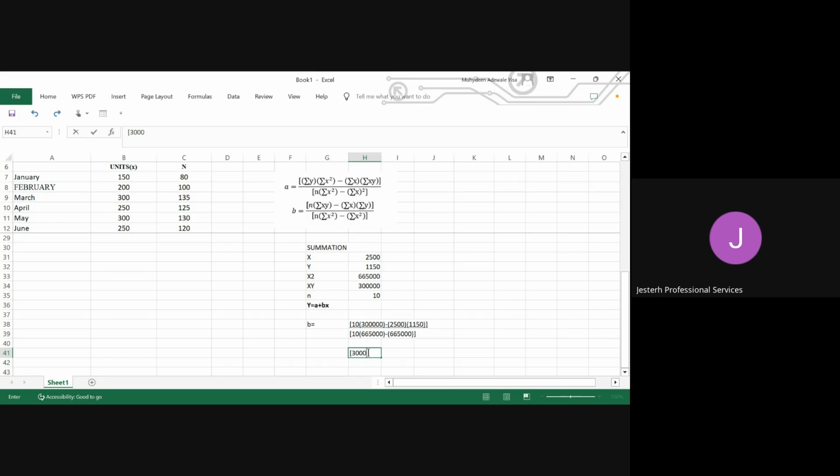It gives us 3 million minus 2,500 multiplied by 1,150. Now it gives me 2,875,000.